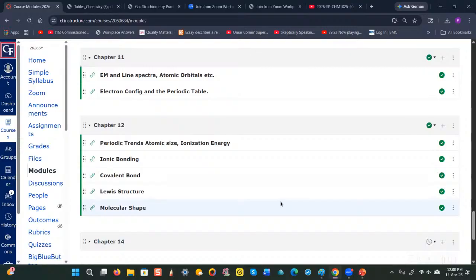You said something about the abbreviated configuration. I wasn't understanding how we were getting the helium abbreviation. Well, let's say the element you're trying to write the abbreviated electronic configuration for is nitrogen, right? Nitrogen would have an electronic configuration of 1s2, 2s2, 2p3.